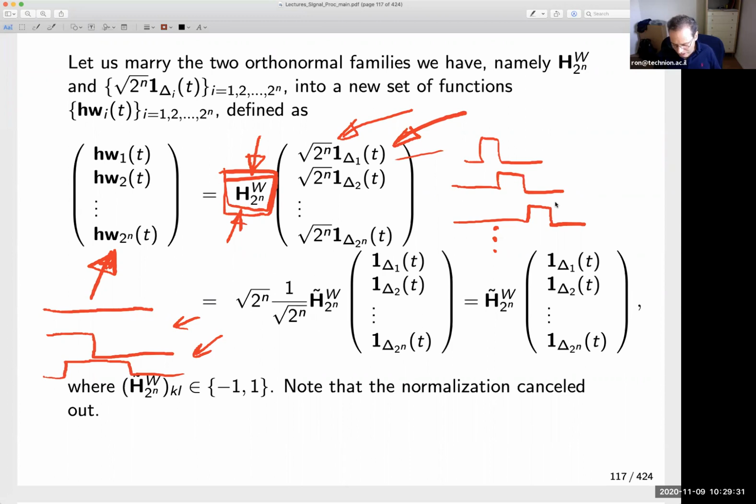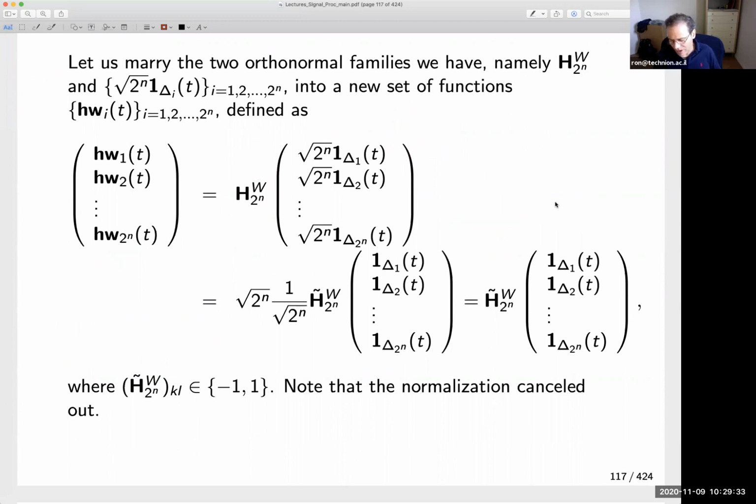Now, let's see what happens from a coefficients point of view. Here I have my normalization factors, and here I have my normalization factors of the -1 and 1 Walsh-Hadamard matrix that we denote with a tilde at the top. So these two coefficients go away, and what I have here is the plus and minus ones matrix. So this was the ones, and then I had 1, 1, 1, 1, minus 1, minus 1, minus 1.